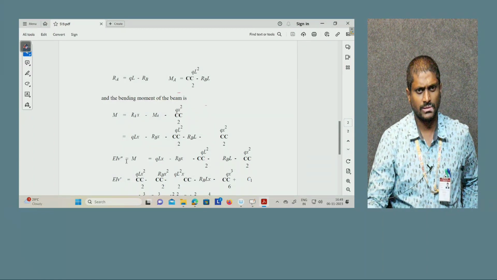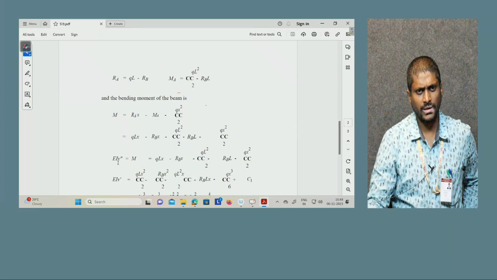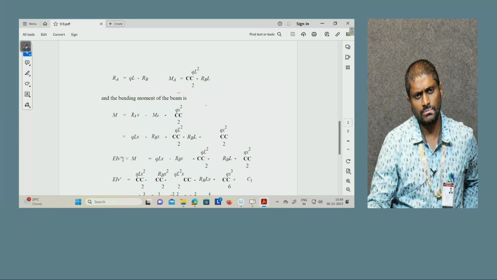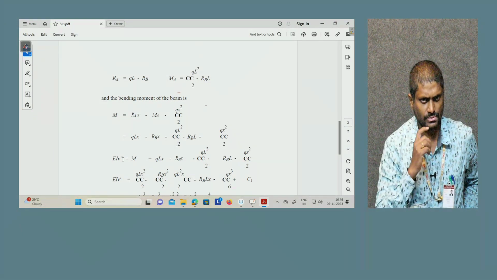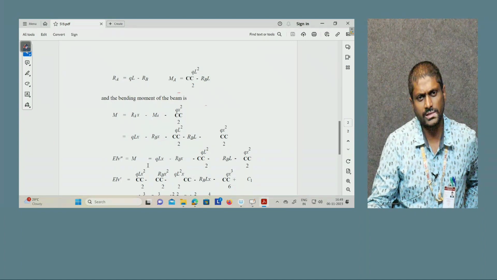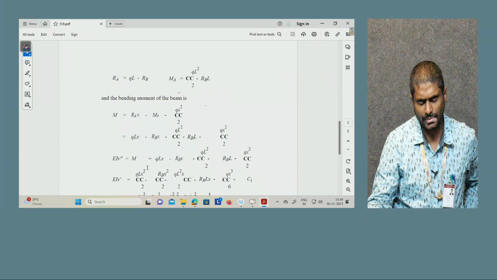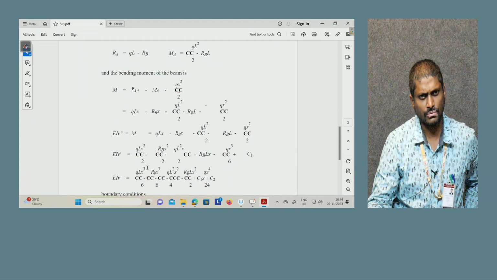Then when we differentiate twice, M by EI is equal to d square v by dx square. So that equals qLx minus RB into x minus qL square by 2 minus RB into L minus qx square by 2.